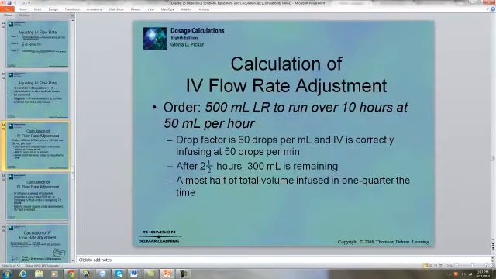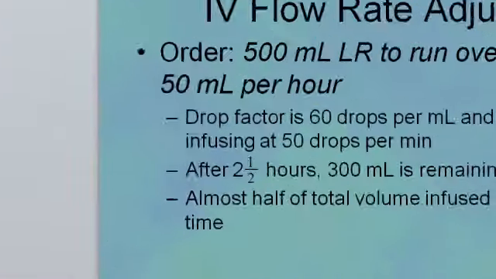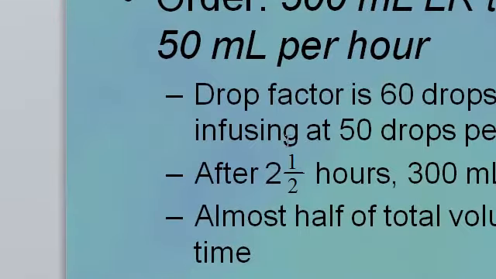So if the order was 500 milliliters LR to run over 10 hours at 50 milliliters per hour, and the drop factor is 60 drops per milliliter, the IV is correctly infusing at 50 drops per minute.